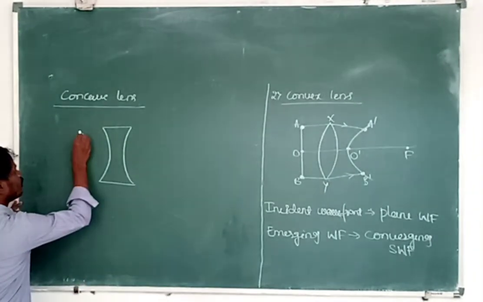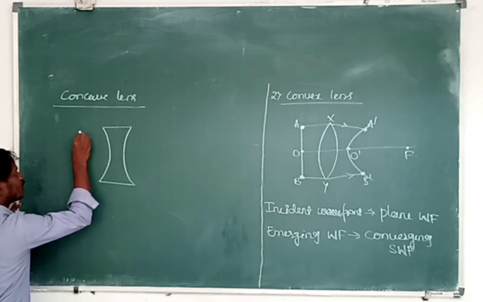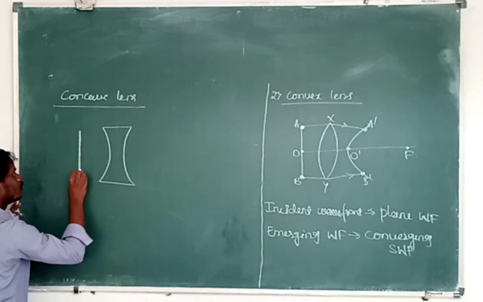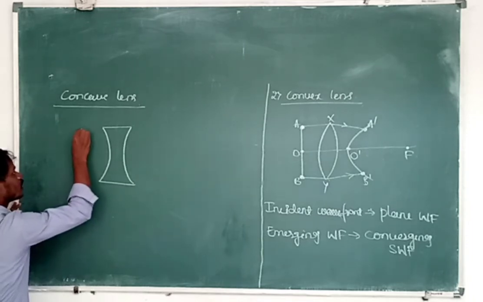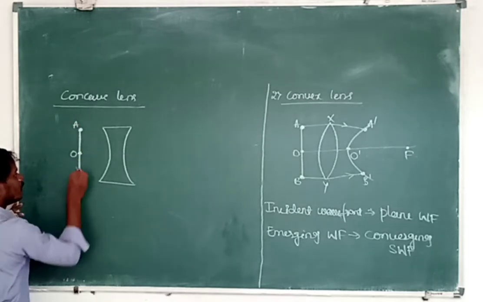If the plane wavefront is incident on the concave lens now, again I will take some secondary wavelets on the given wavefront. Source of secondary wavelets A and O, and it is a beam.